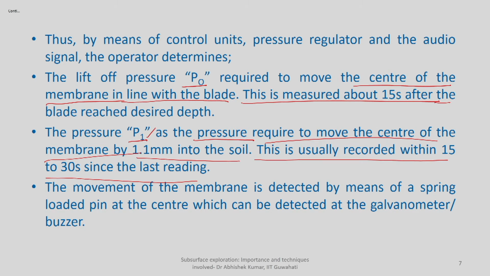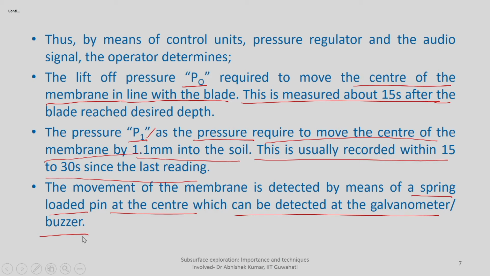The movement of the membrane is detected by means of a spring. Because the membrane is moving, in order to make sure it moves in a controlled environment, it is connected by a spring loaded pin at the center, which can be detected by the galvanometer or buzzer.